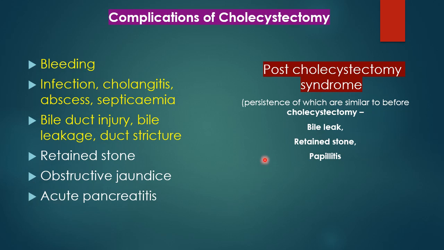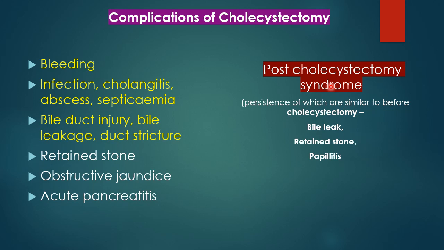The other important complication which occurs quite commonly after cholecystectomy is what we call post-cholecystectomy syndrome. This is the persistence of symptoms similar to those before the operation. The symptoms persist after the cholecystectomy, so they are known as post-cholecystectomy syndrome.